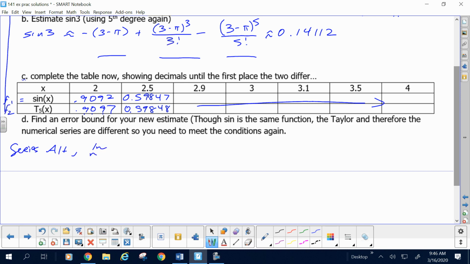The series here in B alternates. Terms are definitely going to 0 very fast, and they are decreasing in value right away.